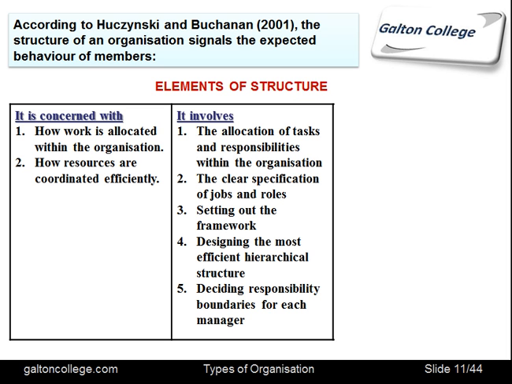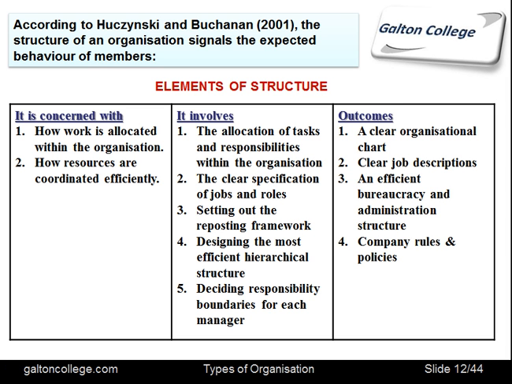Designing the most efficient hierarchical structure. What is the best way of organising the business? Setting out a plan for that. And deciding responsibility boundaries for each manager. Who looks after what, and where the overlap could be, how to reduce it so as to reduce conflict, and also to ensure a smooth transfer from one department to the next. So a nice delineation of departments.